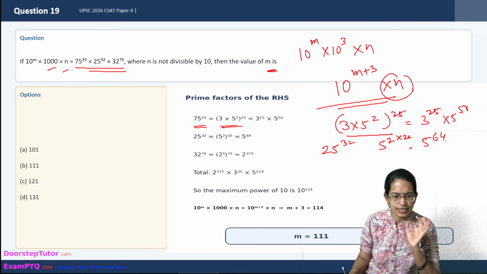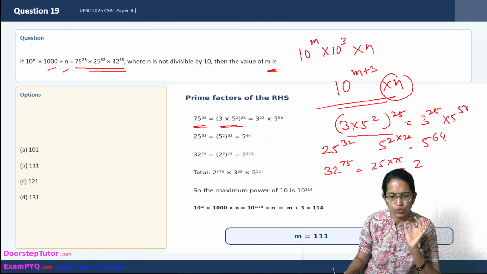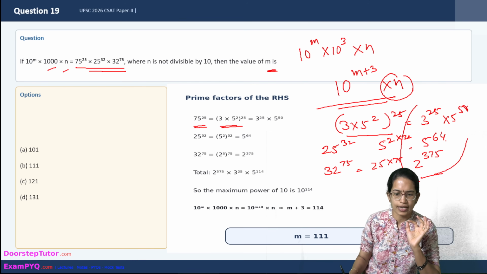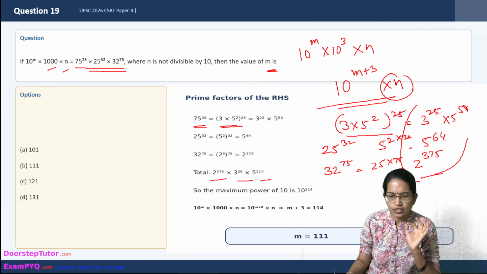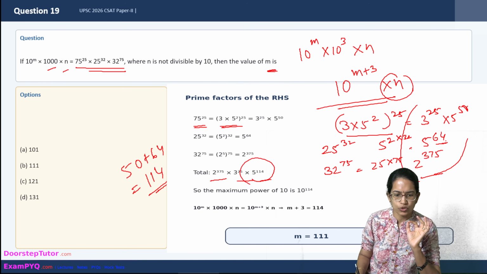The next case is 32 raised to 75, that is 2 raised to 5 into 75, that is 2 raised to 375. Now these are all the combinations that I have. 2 raised to 375 plus 3 raised to 25 plus 5 raised to, here I had 50 and here I have 64. So 50 plus 64, that is 114. So that is 5 raised to 114.